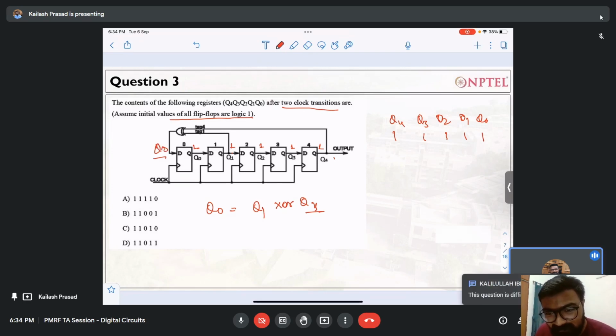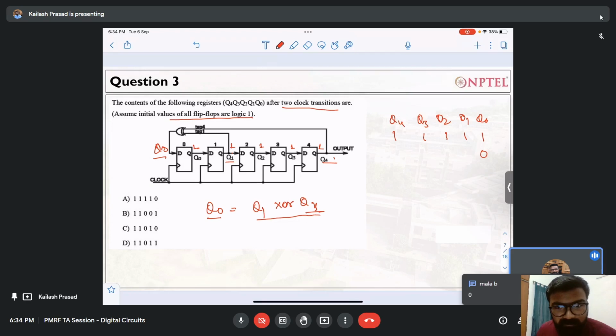Okay, this question is difficult. Let's see if it is difficult or not. So Q0 is Q1 XOR Q4. Please note that Q1 is 1 and Q4 is 1 initially. So if you put an XOR of 1 and 1, what will be Q0? Q0 is 0.